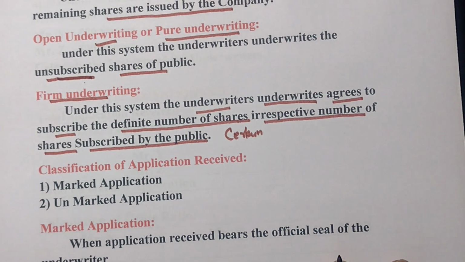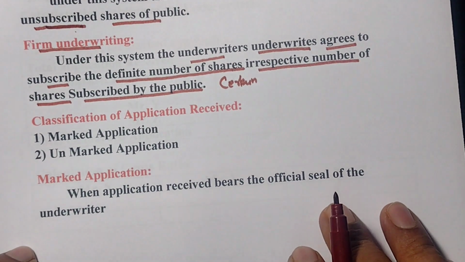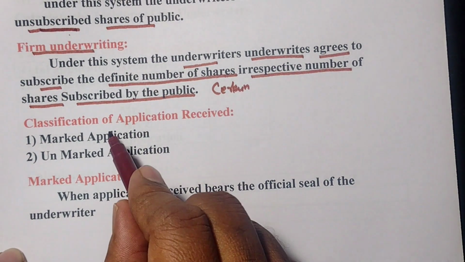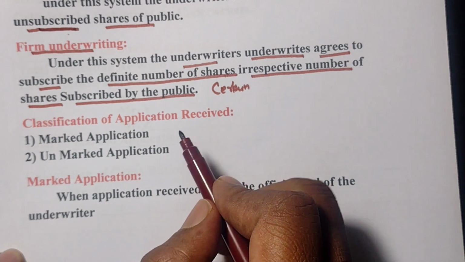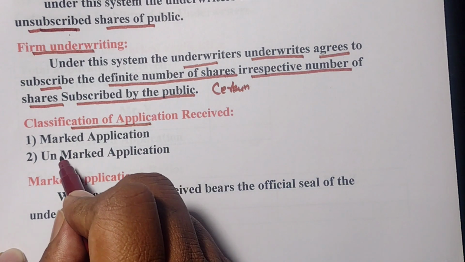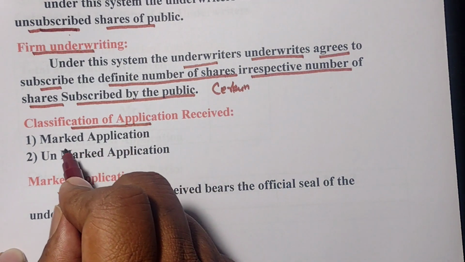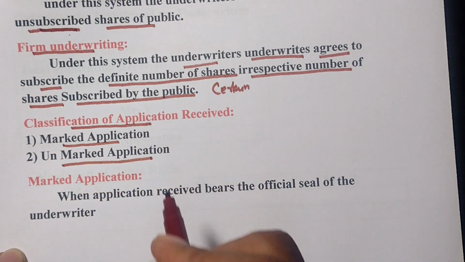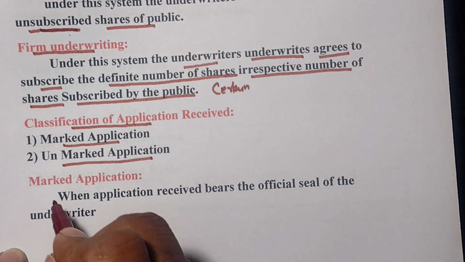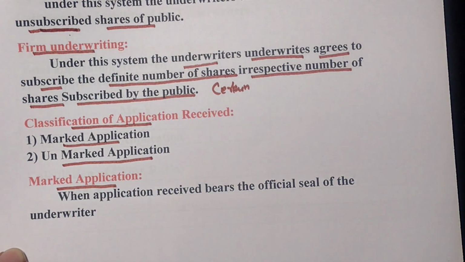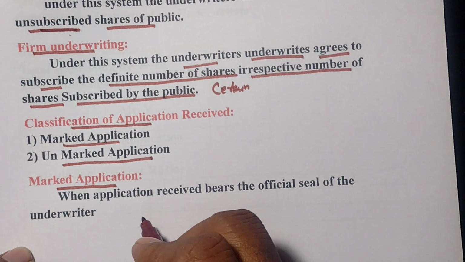Now, the most important thing of this chapter we are going to discuss here is the classification of applications received. The applications received from the public are of two types: one is the marked application, and the other is the unmarked application. What do you mean by marked application? When underwriters issue shares to the public, they apply to the company.